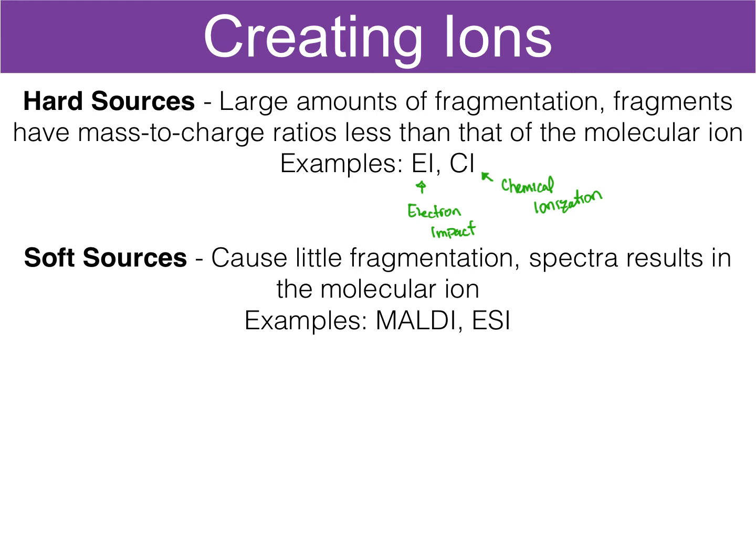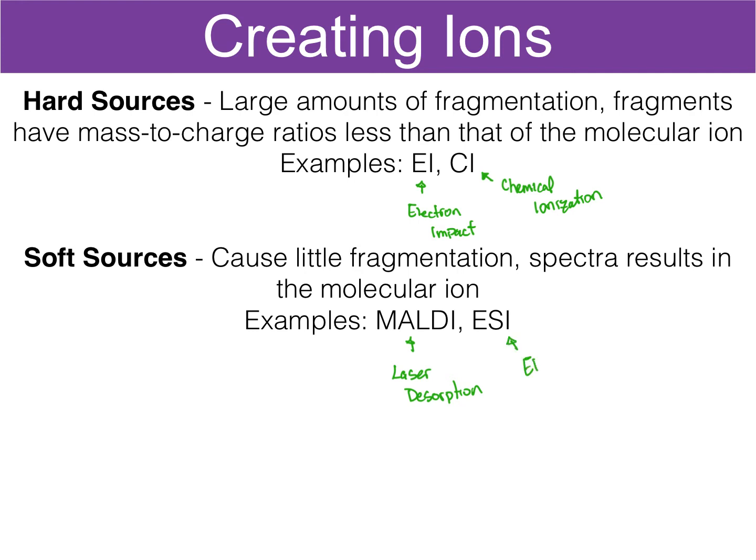Soft sources are processes that create ions with very little fragmentation. The spectra that result really show the molecular ion, and that's about it. Really soft only show the molecular ion. So MALDI, this is a laser desorption process. MALDI is one of the softest forms of ionization.